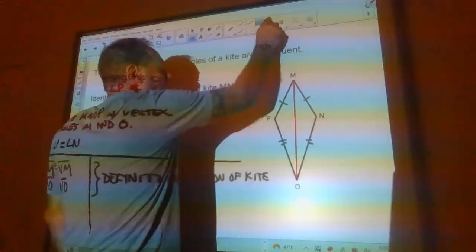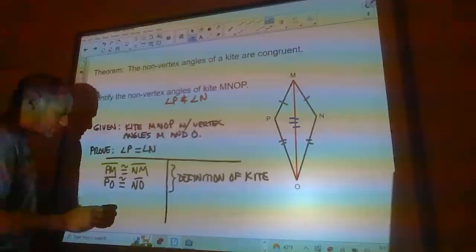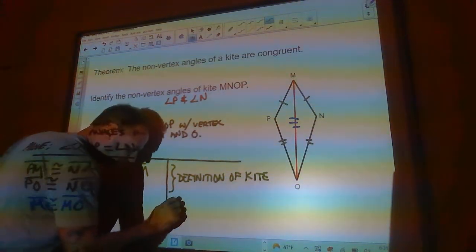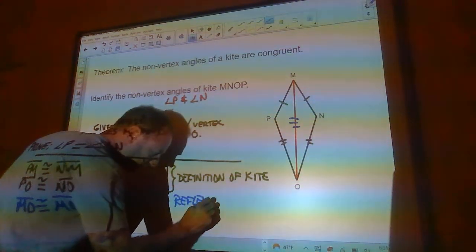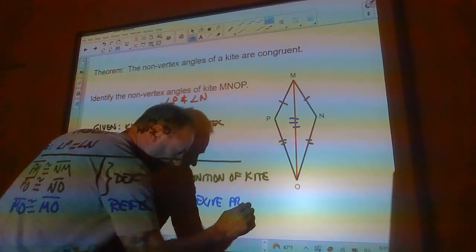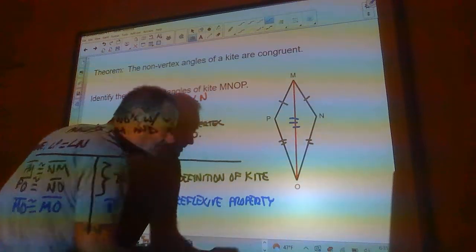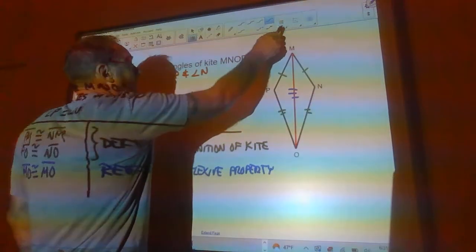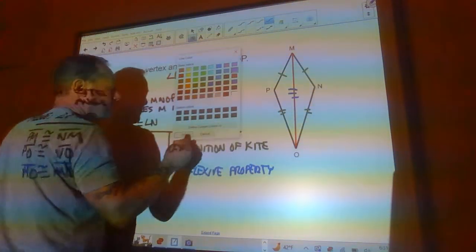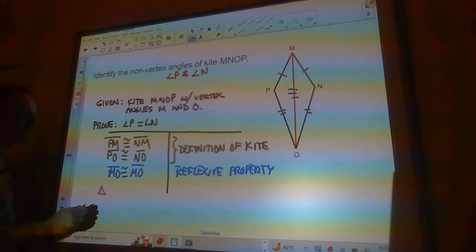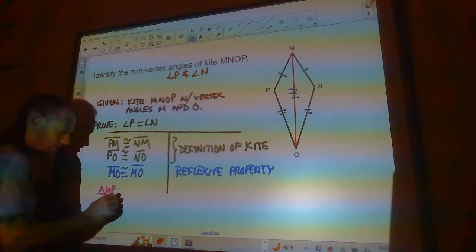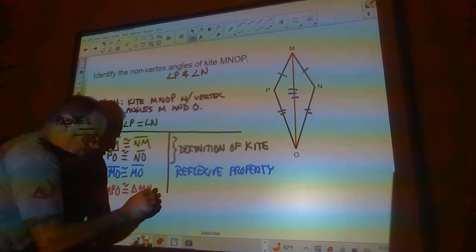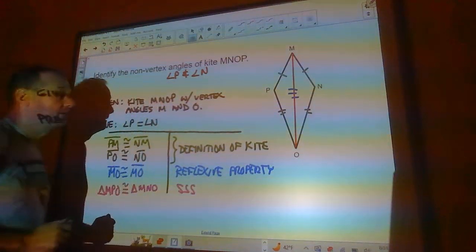Now next, we know that MO is congruent to MO by the reflexive property. So now that gives me two congruent triangles. Triangle MPO is now congruent to triangle MNO by side, side, side.